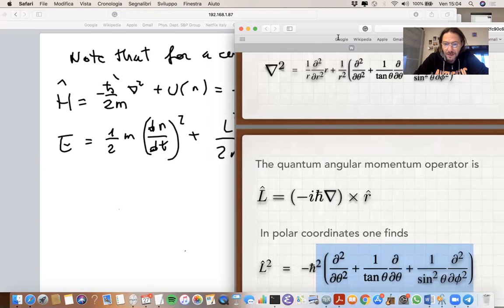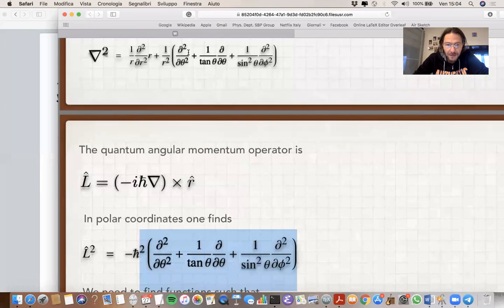Right? Because this is basically L squared. So you begin, plus of course I have my potential energy operator.